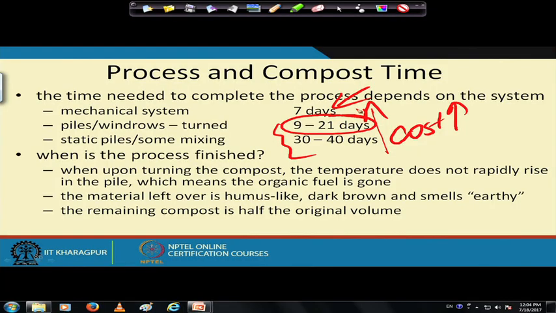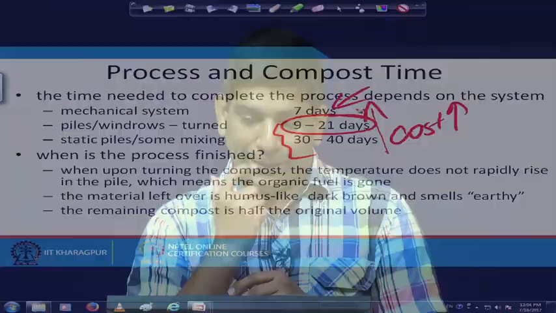But how will we know when the process is finished? That's another part: how to find out whether the process is finished or not. When you are turning the compost and the temperature does not rapidly rise, what does that mean? In a compost plant we have temperature probes to measure the temperature.